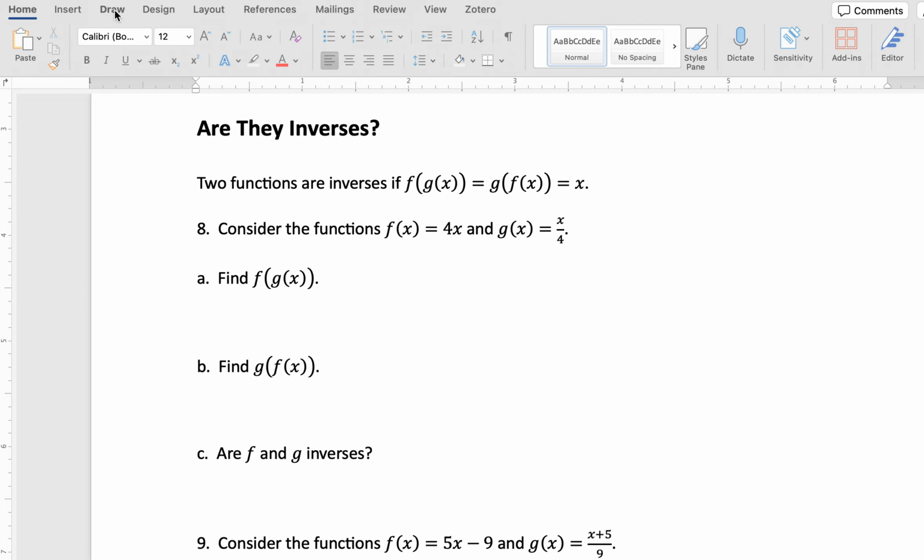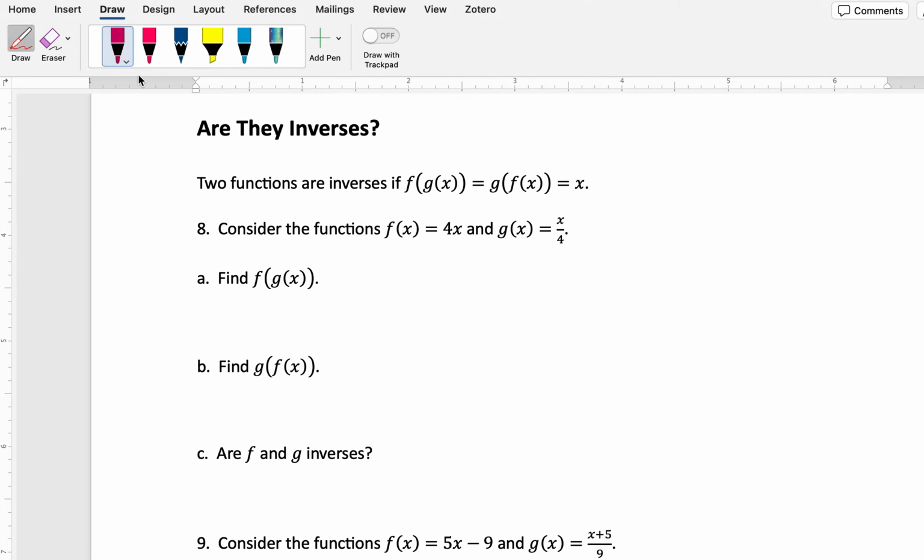And remember from the last section that this means that we are going to plug the g function into the f function. We work from the inside out. So that means I'm going to take my f function, which is 4 times x, and replace that x with the entire g function, which is x divided by 4.